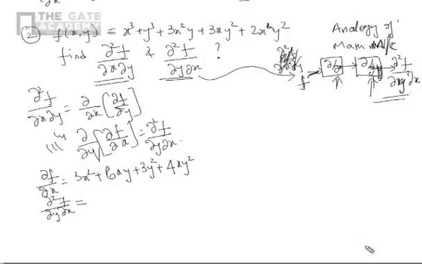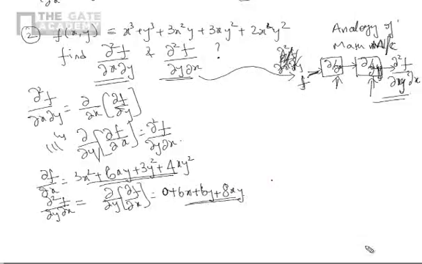This is nothing but ∂/∂y of ∂f/∂x. I have to differentiate this with respect to y now. So 3x² on partial differentiation will give me 0, plus 6xy will give me 6x, 3y² will give me 6y, and 4xy² will give me 8xy. This is the answer. Clear? Okay.